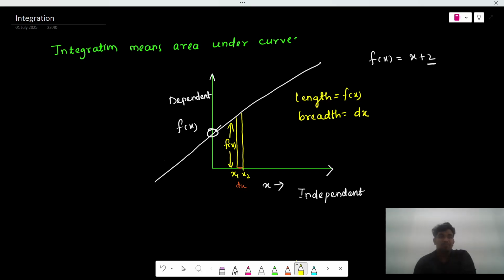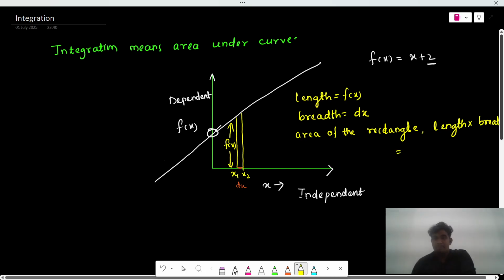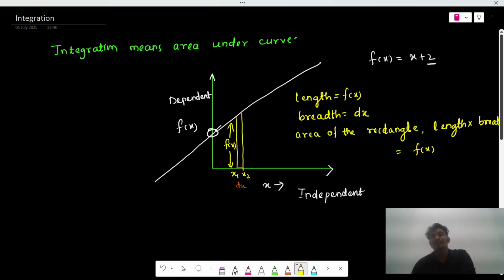So for the area of the rectangle, I can say length multiplied by breadth. So it will become f of x. In place of length, I can use f of x. In place of breadth, I can use dx. This is the area of the rectangle.